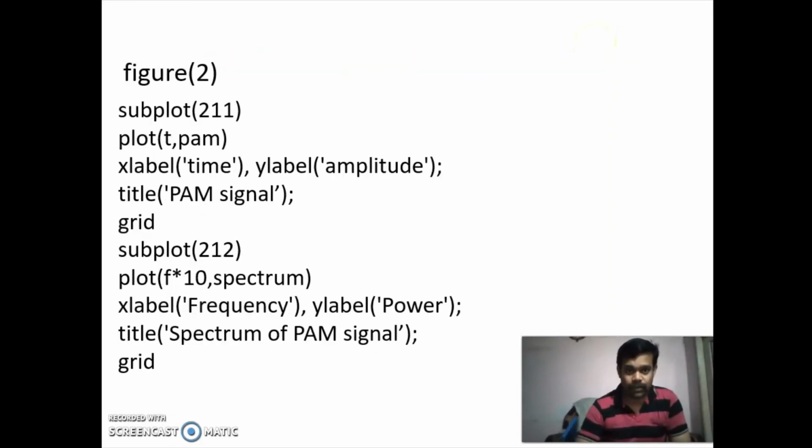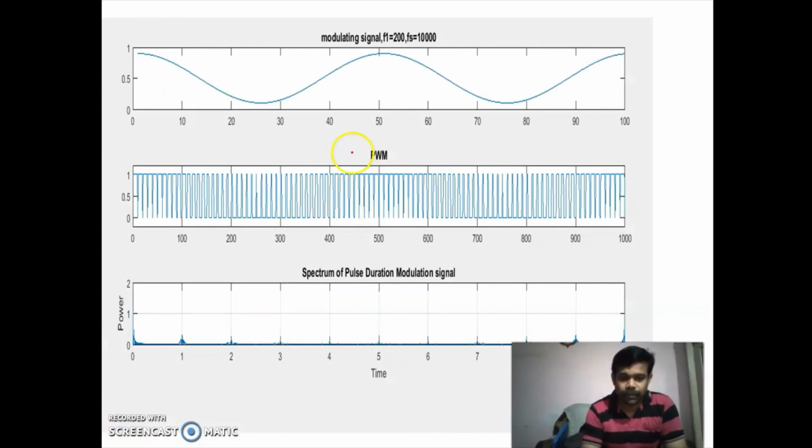Now this is the output you get while running the program. This is your modulating signal or message signal.